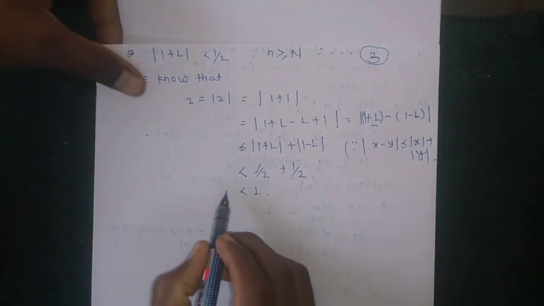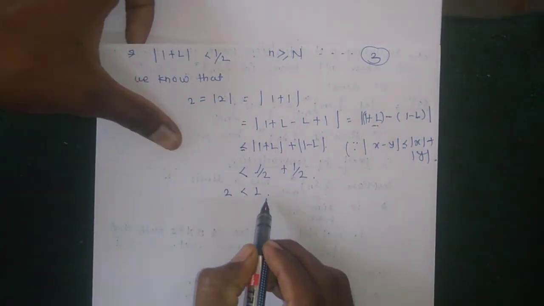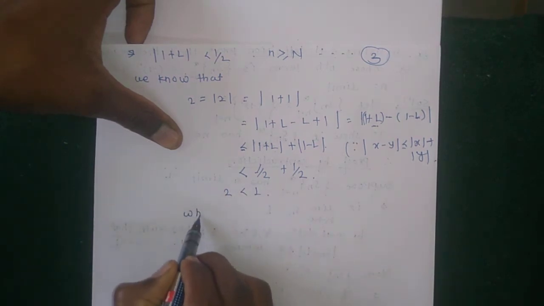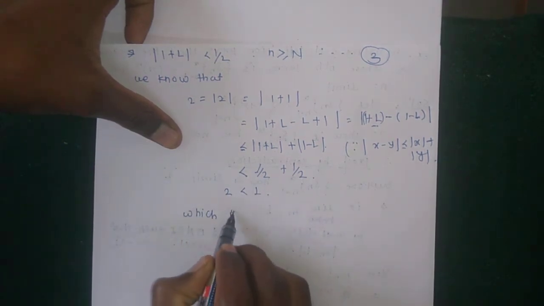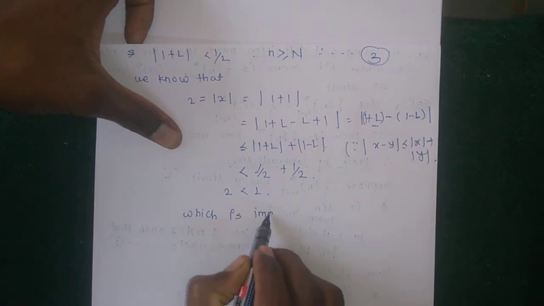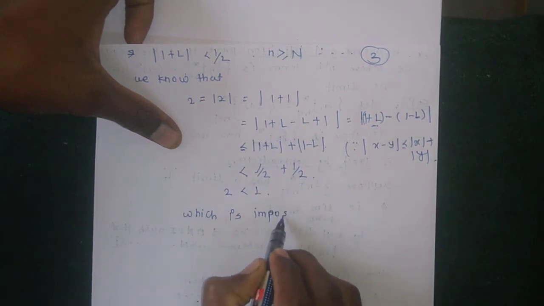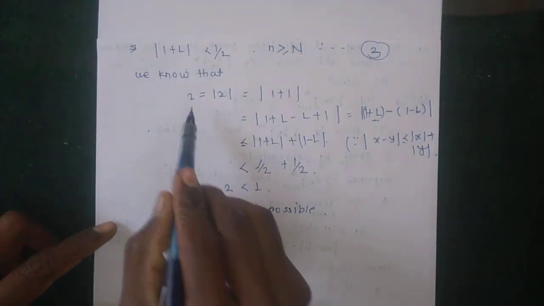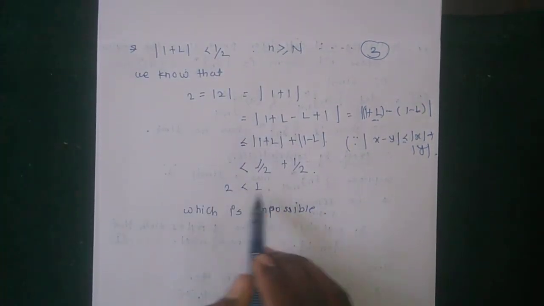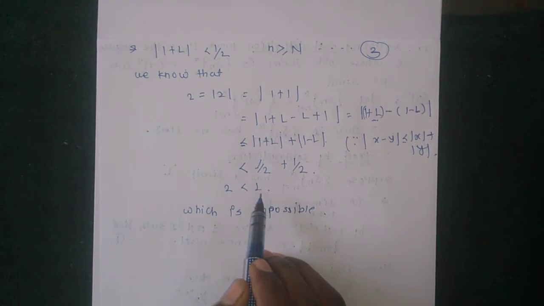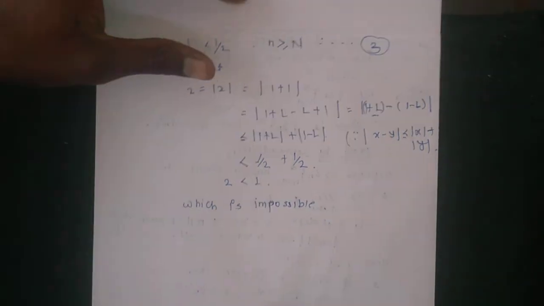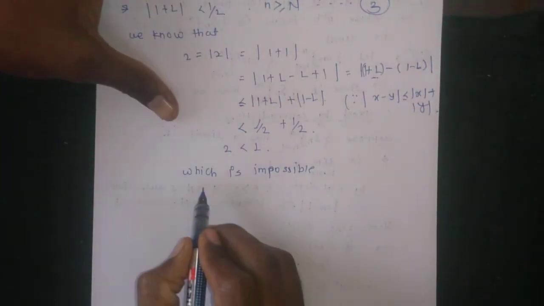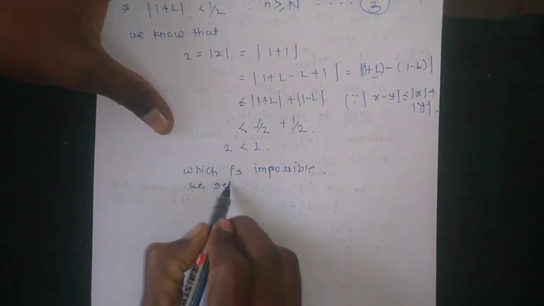Therefore 2 is strictly less than 1. This is not possible, it is impossible. This is a contradiction because 2 is not less than 1.